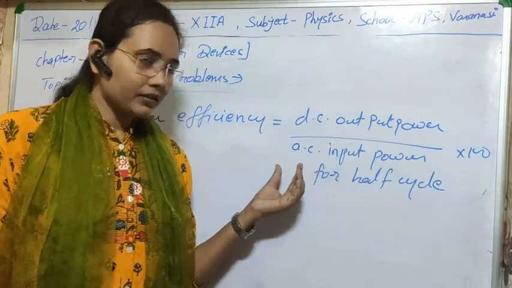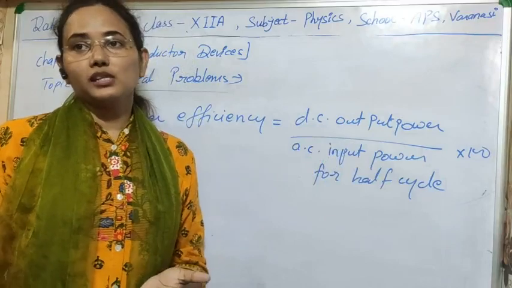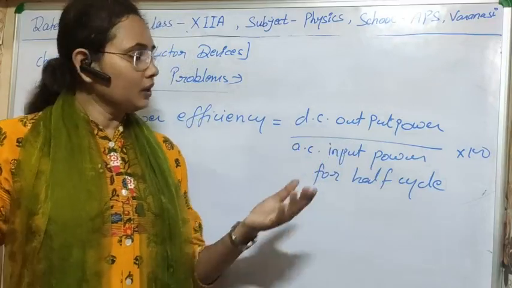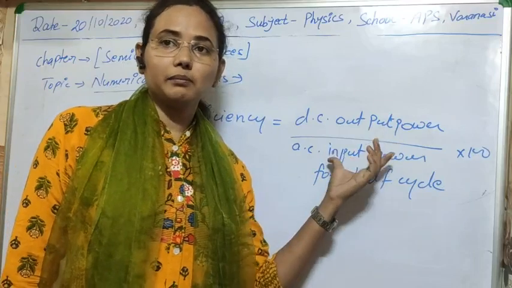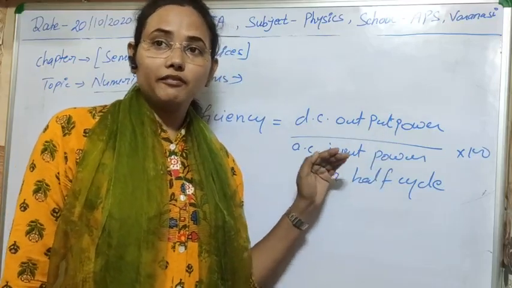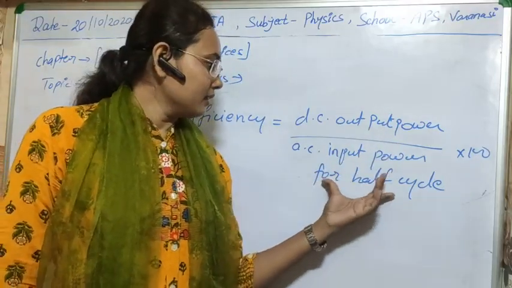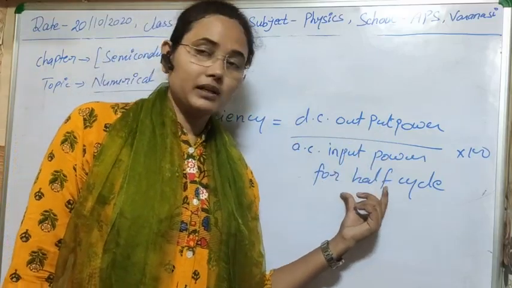Means in full wave, as you know, for both cycles we get the DC signal, so that will not be for half cycle, that will be for the full cycle. But in case of half wave, the difference here is that AC input power should be taken for the half wave.